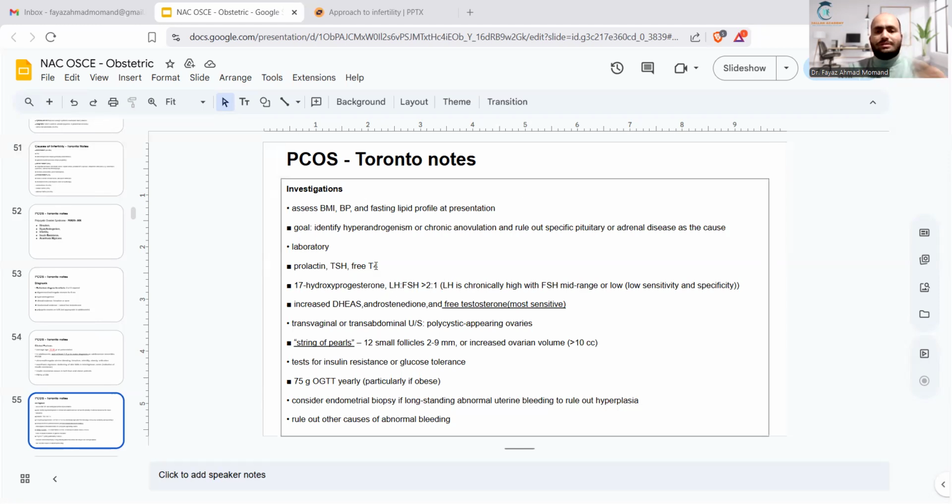So why we're doing all these tests is to make sure that we are identifying that they have any signs of hyperandrogenism or insulin resistance. Now, our goal with PCOS investigations is to identify insulin resistance, or high levels of insulin despite hyperglycemia.